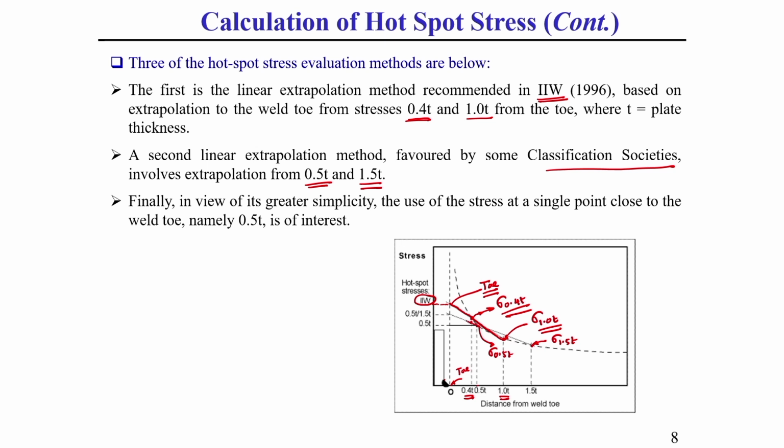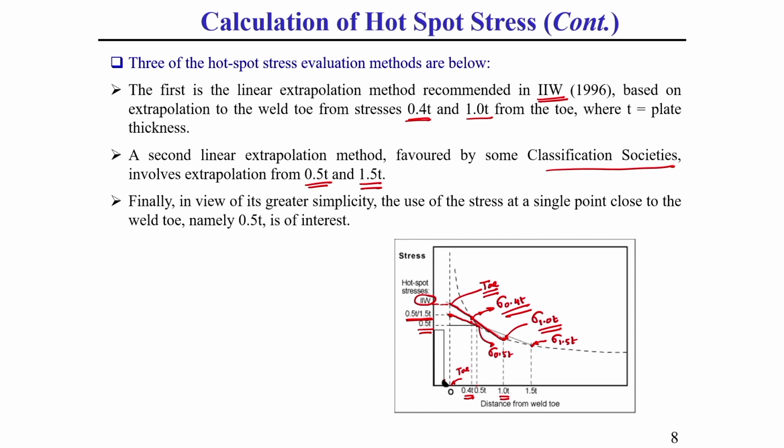After that, if we extrapolate, whatever the stress value we will get generally gives us a hot spot stress. And after that, 0.5 T into 1.12, based on this whatever the stress value we will get, that gives another hot spot stress.